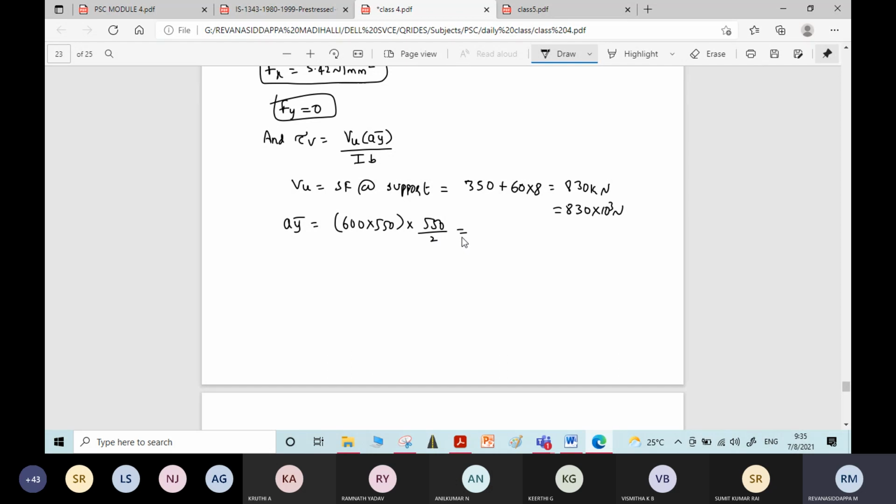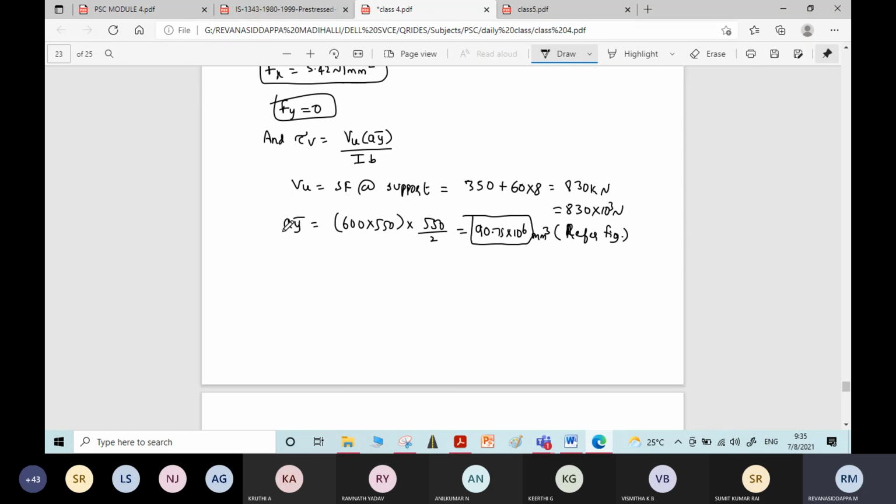How much will you get for the A y bar value? Refer figure. 90.75 into 10 to the power 6 mm cube, sir. Yes, 90.75 into 10 power 6 mm cube.